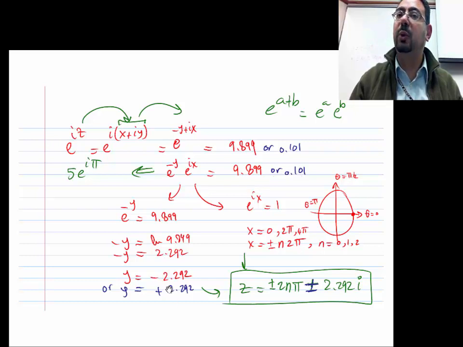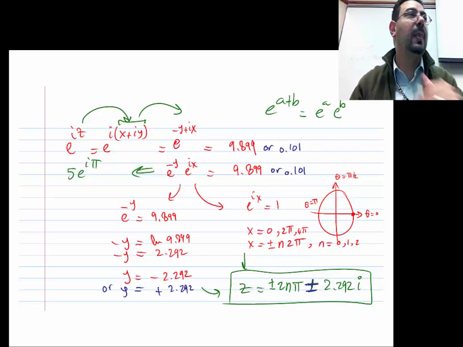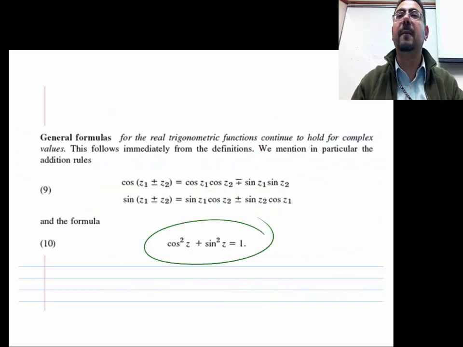If it's 9.8, it will produce the minus. If it's 0.1, it will produce the plus. And the imaginary part, the fact that we don't see it over here means that it's 1, that makes x 0 or 2 pi or 4 pi, or in general, this. And so you put the x here, you put the y there, and this is your z. Got it? Good.